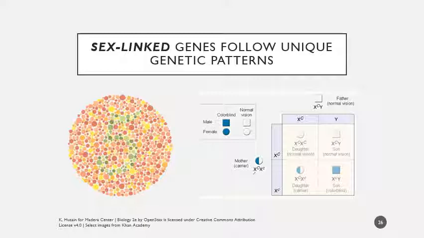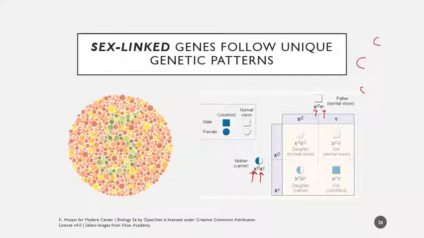So we're tracking the X chromosome of the mother, who has 2 copies of it. The father has 1 X chromosome and 1 Y chromosome. We see that the Y chromosome is not carrying that allele because it's X-linked. It's located on the X chromosome. And so we can't just draw this Punnett square as big C and big C and little c.